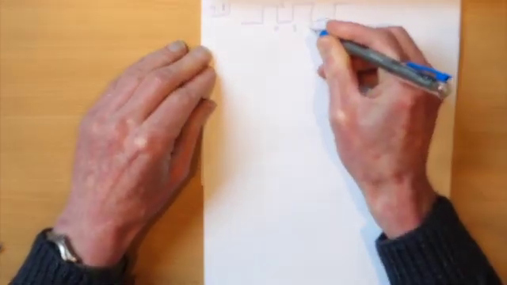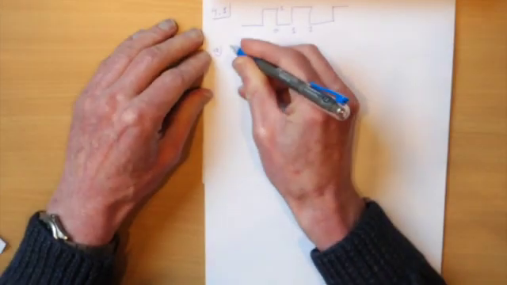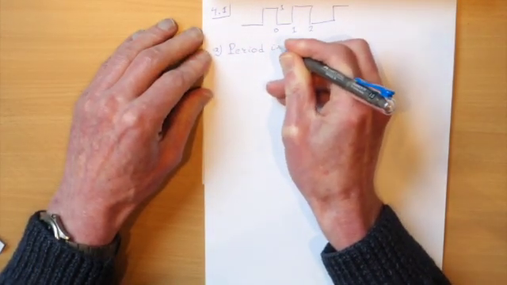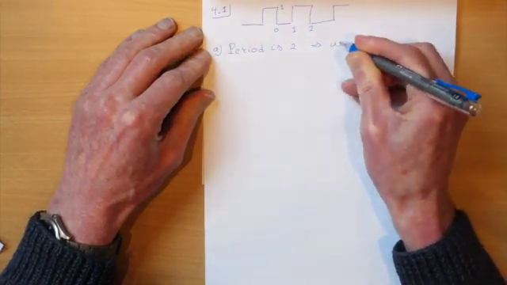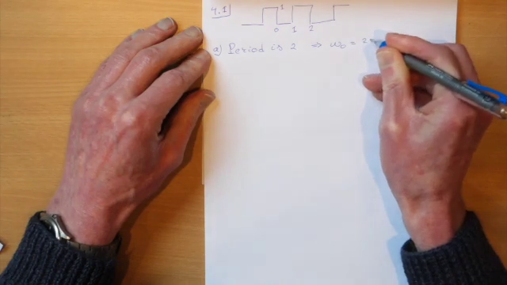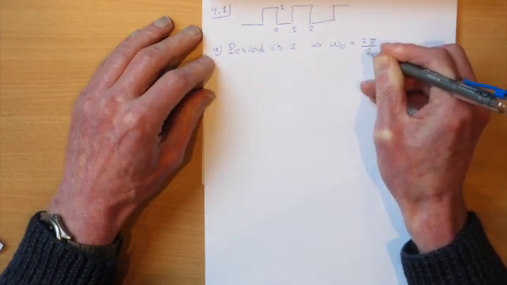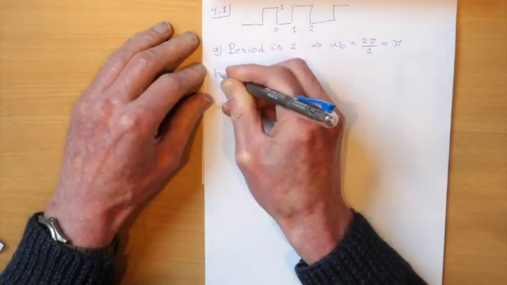So you see clearly, that's part A, you can see clearly that the period is 2, and that implies that the fundamental frequency is 2 pi divided by the period, always by definition, so it is pi.